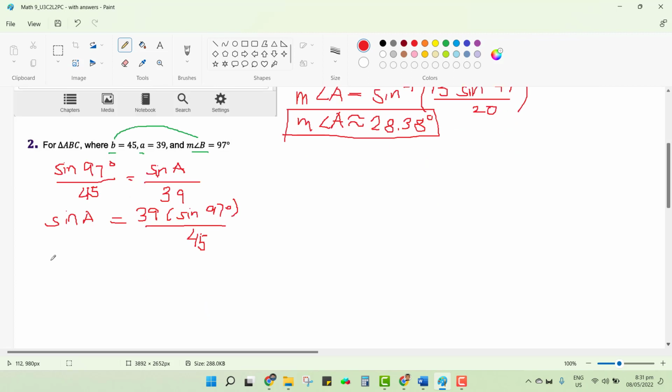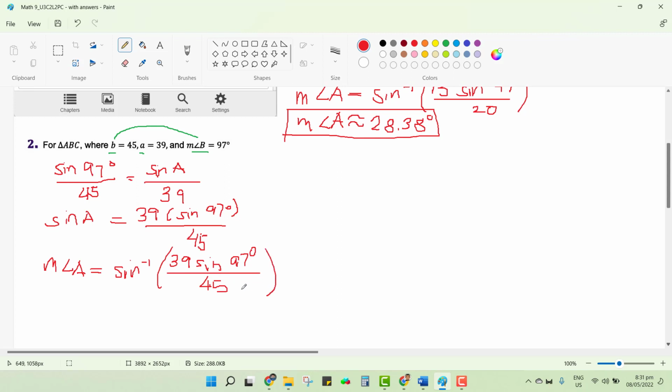Then the sine inverse to get the measurement of angle A. The arc sine of 39 sine 97 degrees all over 45.